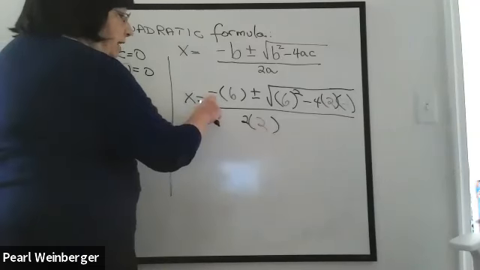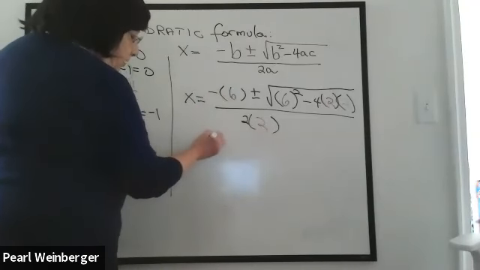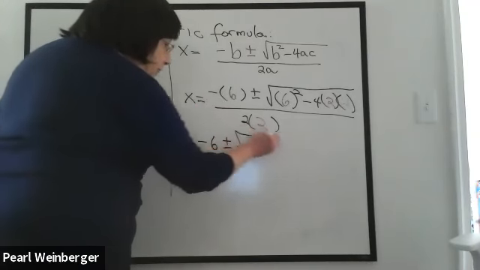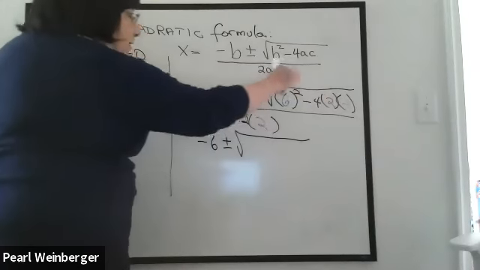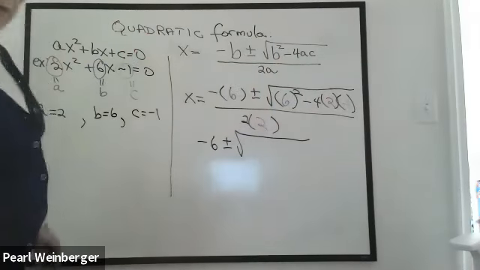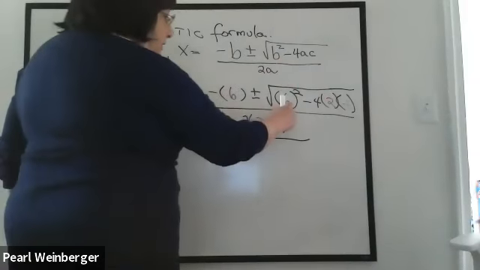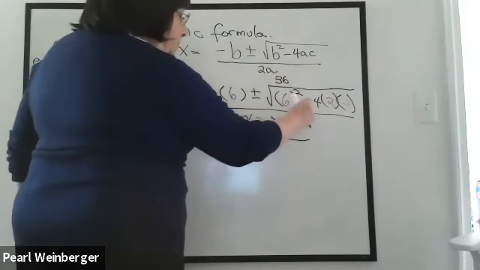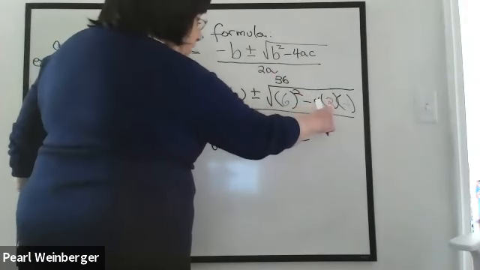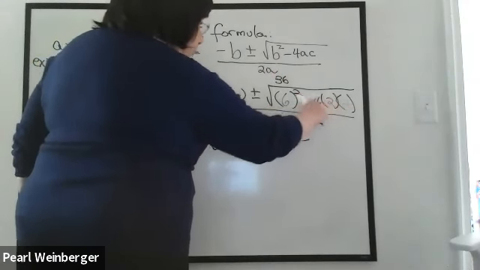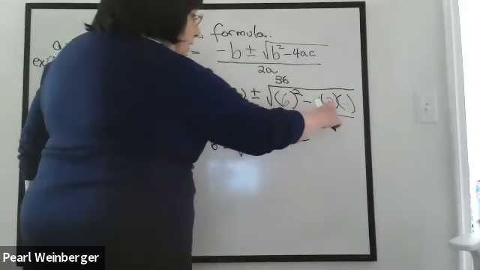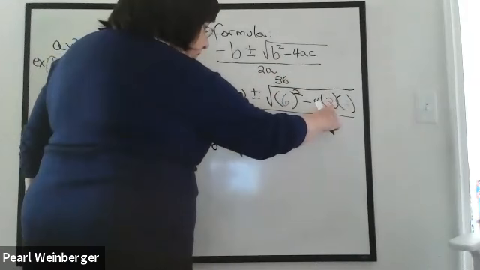Okay, so this is -6, so that's just -6, plus or minus. Now here's where we really have to be careful. Inside the radical, there's a lot of things going on. So I have to be careful. 6 squared, well, I know that's 36. And this is -4 times 2 times -1. Now be careful, you're multiplying 3 numbers. -4 times 2 is -8.